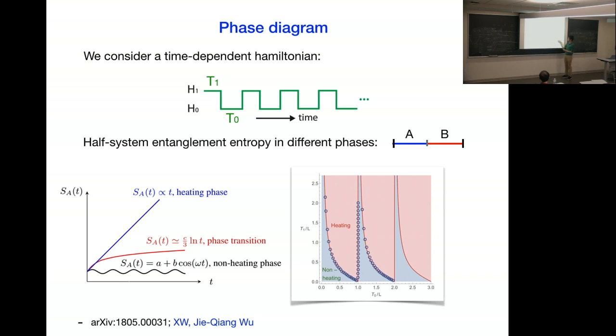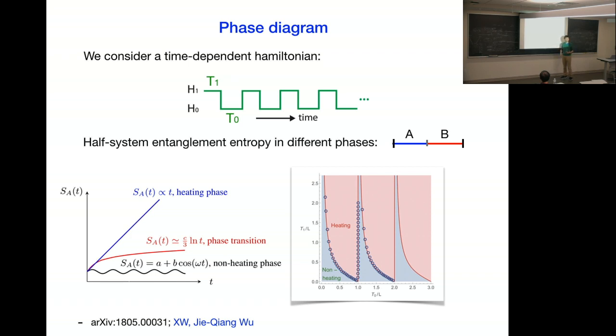We found that in this red region, the entanglement entropy grows linearly in time all the way. In this blue region, the entanglement entropy simply oscillates all the way. It never grows. So we simply give the names heating phase and non-heating phase.